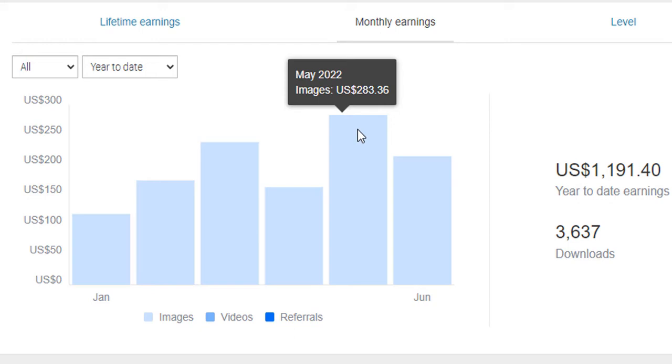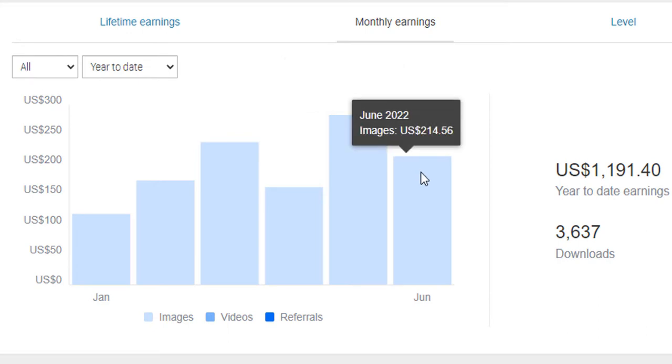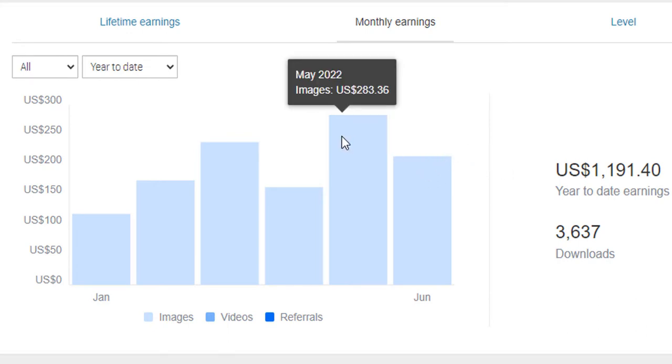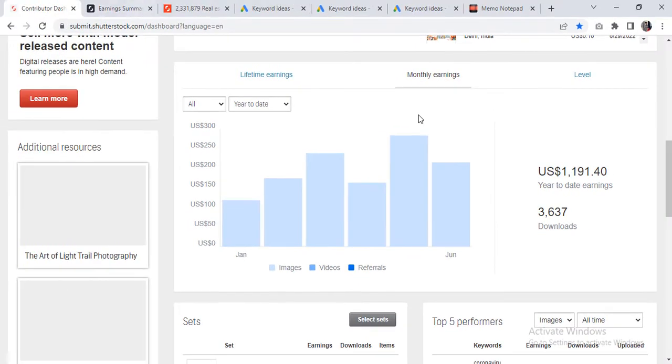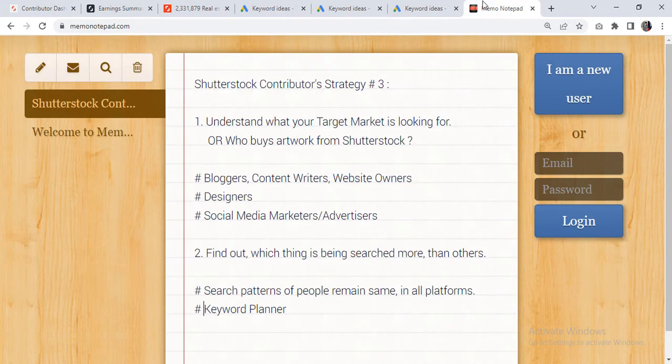My last month, the month of May, was the best month of this year so far, and then this month I went down, but still I'm above 200, so I'm happy with that given the amount I'm spending on this, so it's just like a hobby. So that's it regarding the earning summary and the earning update. Now let's move to the strategy that I was talking about.